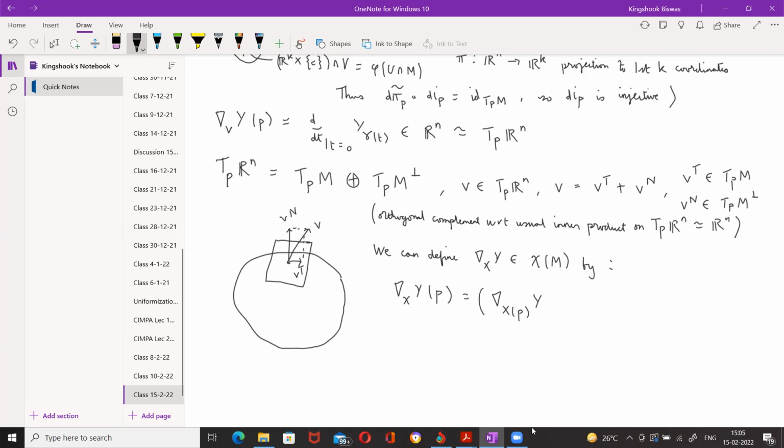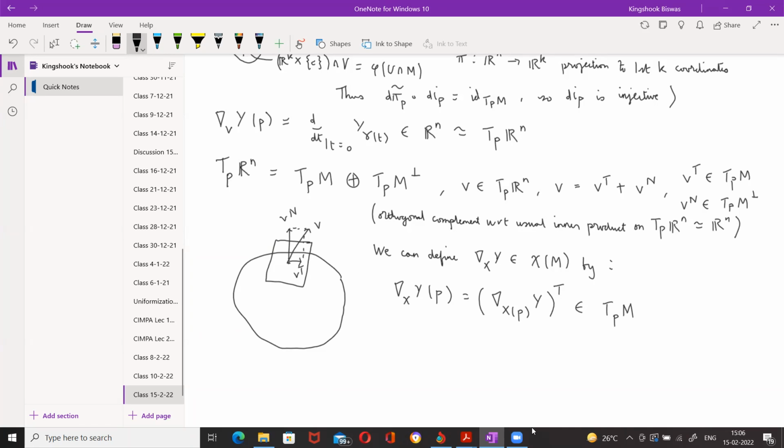That gives us a vector in R^n, and then we take the orthogonal projection to the tangent space of M. So this belongs to T_P M. We take the tangential component of the covariant derivative in R^n. So this is how one can define a covariant derivative in a submanifold of R^n.